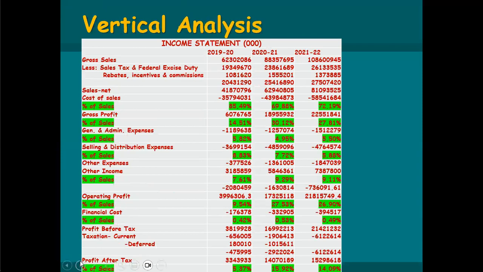Here we can observe the vertical analysis. It tells us about the different types of controls related to sales, expenses, revenue, etc. Here you can observe that the cost of goods sold decreased from about 85% to about 70%. Thereafter, you can observe a nominal change of 2% in the third year.